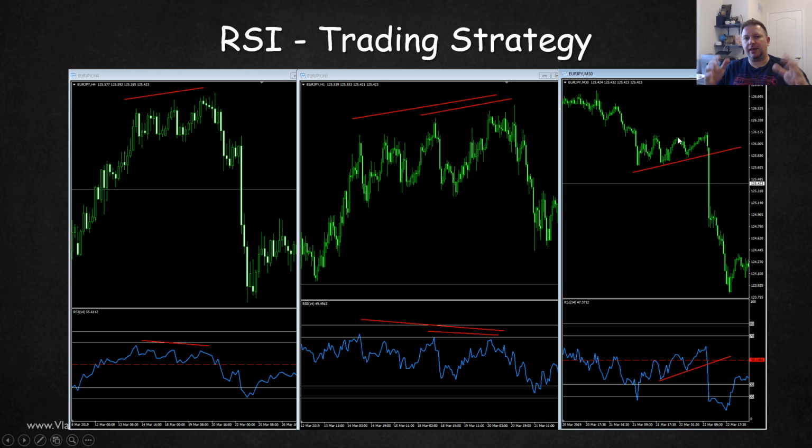So the next thing here is my personal preferred RSI strategy. One of the purposes traders use RSI for is to find divergences. Now, if you are completely new to divergences, I'll try to explain that very basically here.